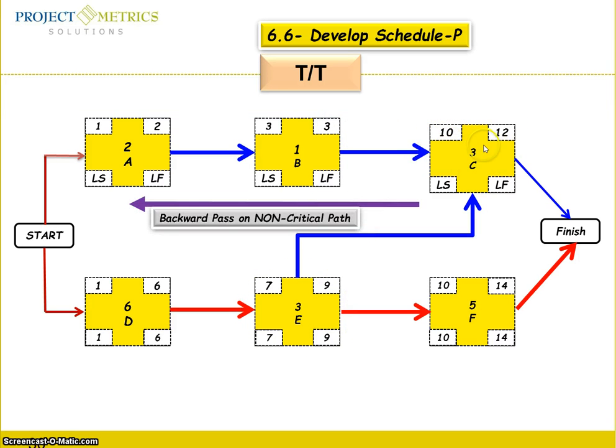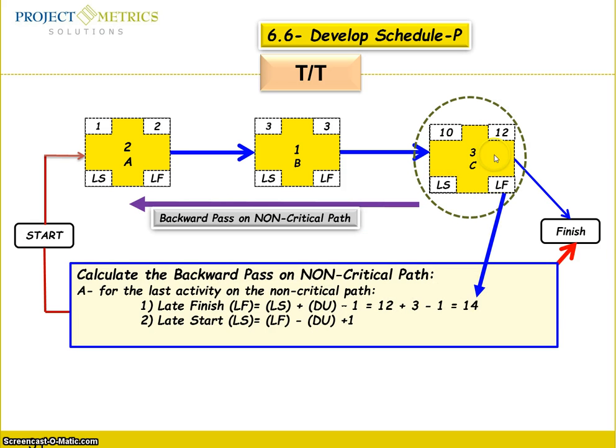Then you calculate the late finish and late start, which is equal to 13. Now we are going to go backward. We are going to go backward on the non-critical path. So the equation goes that way: late start equals late finish minus duration plus 1.